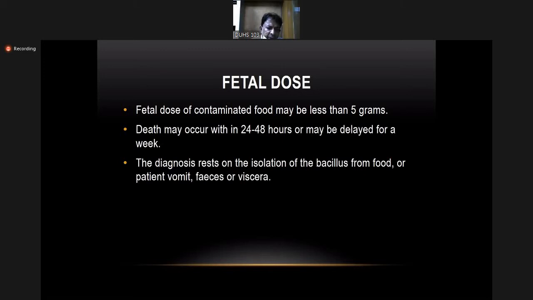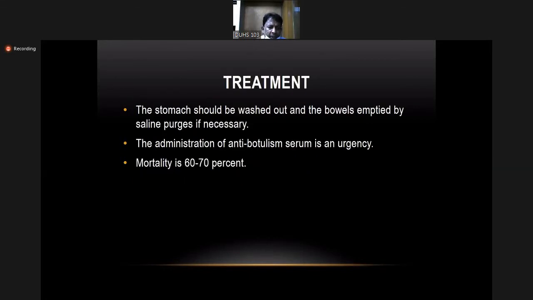The diagnosis rests on the isolation of the bacillus from food or patient vomit, fecal material, or viscera, to confirm the diagnosis of the toxicity and make the treatment. Now, in the treatment, the stomach should be washed out and the bowel emptied readily by saline purgatives if necessary.